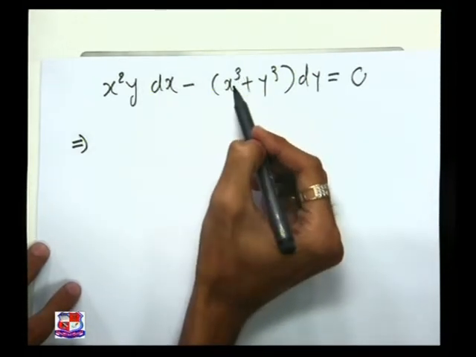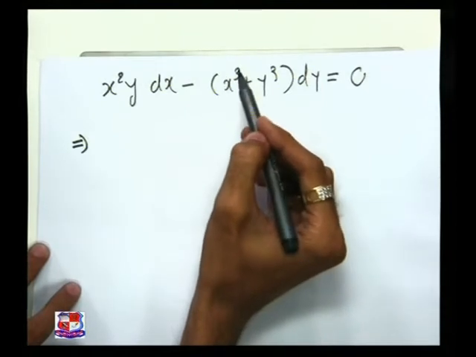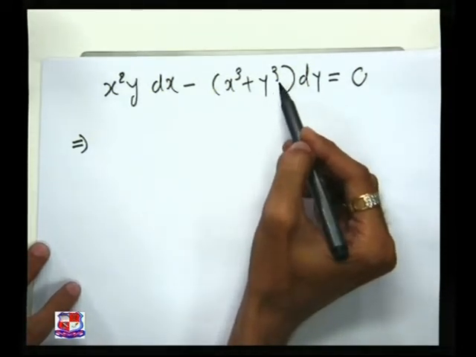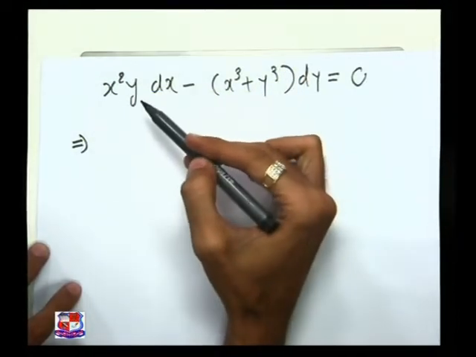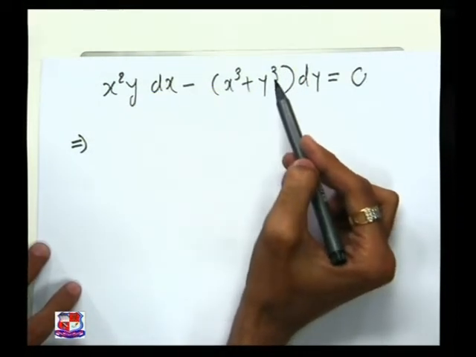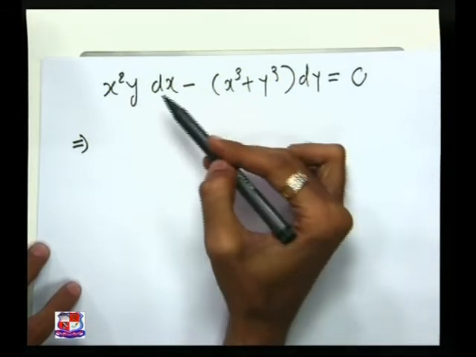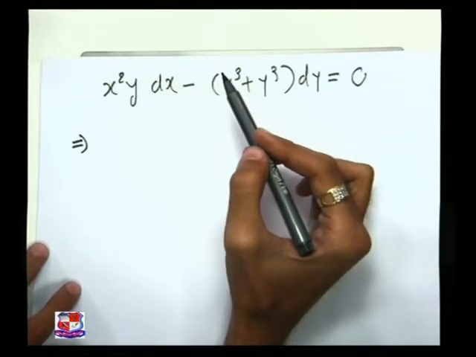Here x cube and y raised to 0, the summation of index is equal to 3. Here y cube and x raised to 0, the summation of index is also equal to 3. So in each term the summation of the indices of x and y is equal to 3. That means this is a homogeneous differential equation of degree 3.